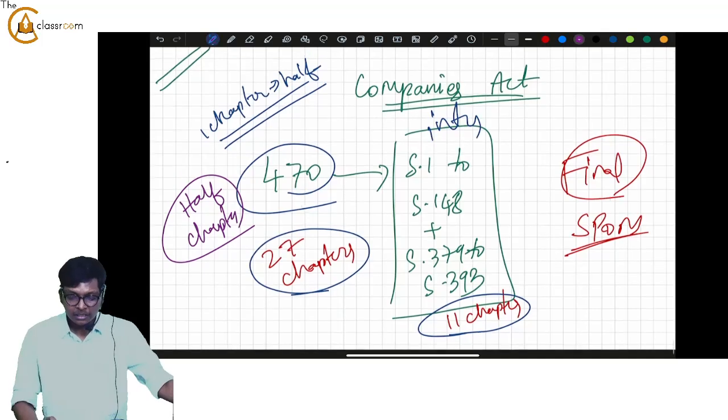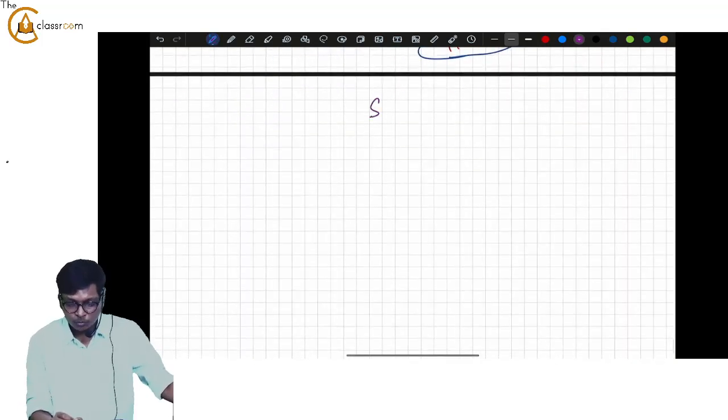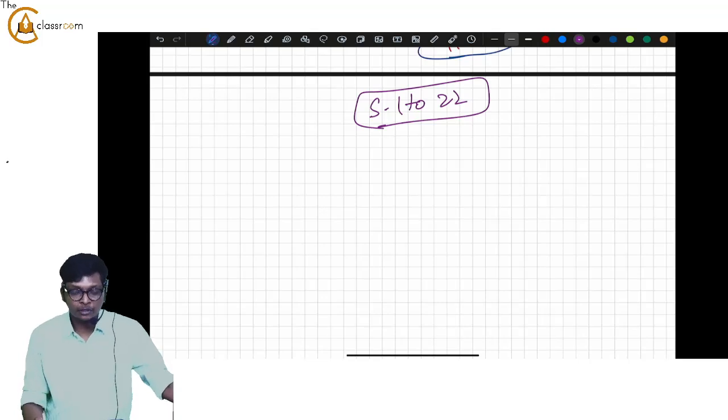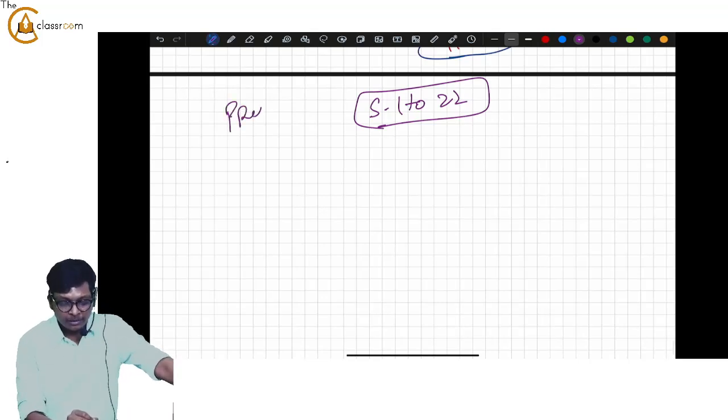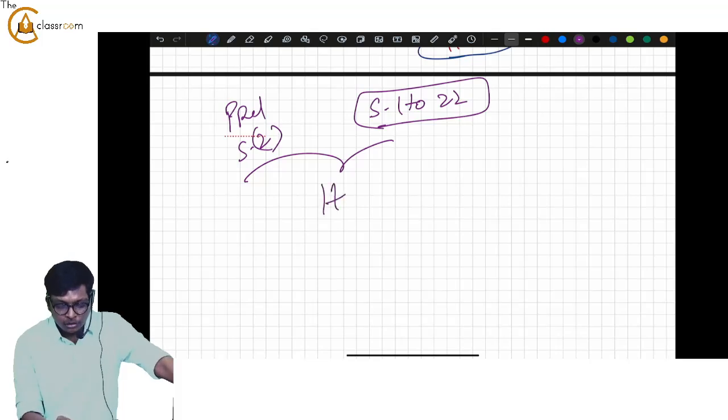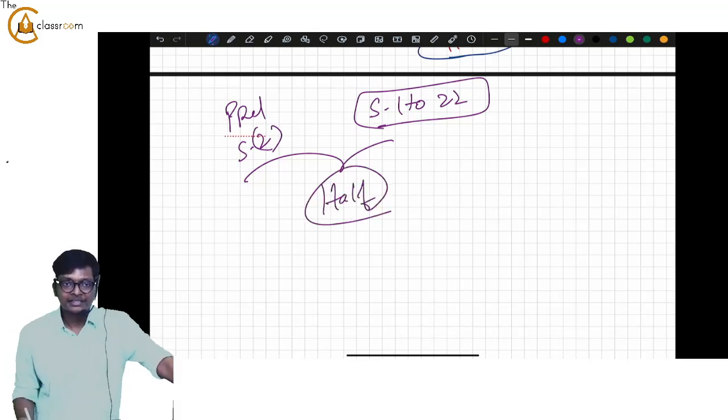That means the first chapter is section 1 to 22, around that, incorporation, chapter 2 actually. And we have preliminary, which is section 2, and definitions. Both put together, you have half of the syllabus.